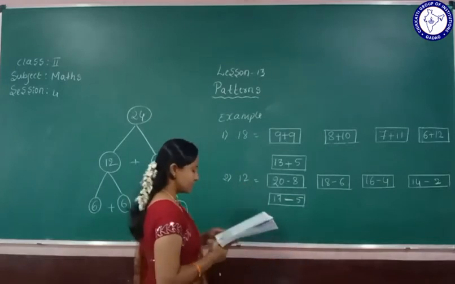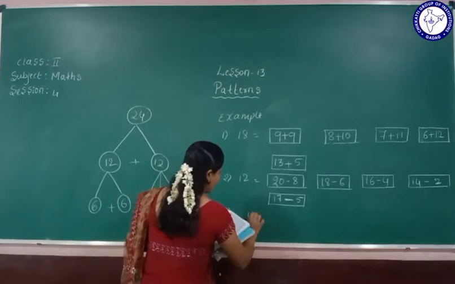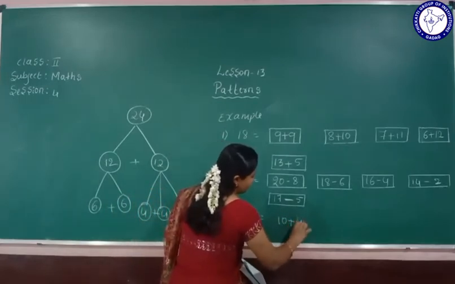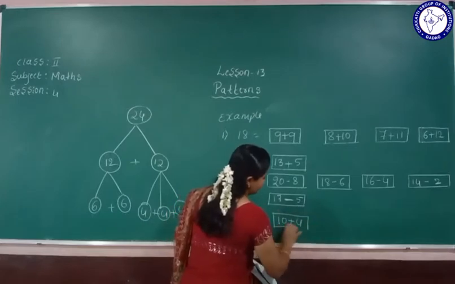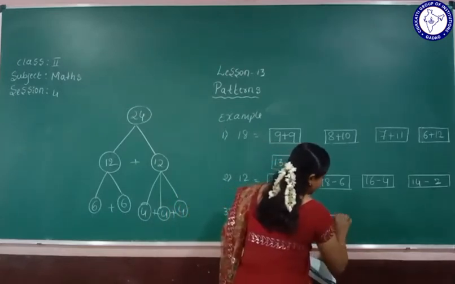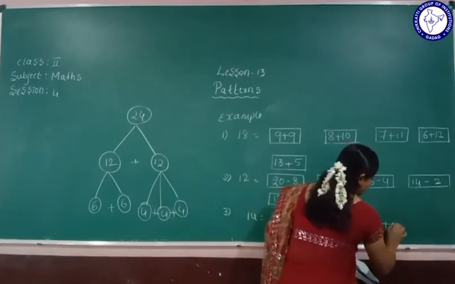Understood this one? Okay, next one, third one, that is 14. 10 plus 4. Next, 9 plus empty. In the same way here, 6.